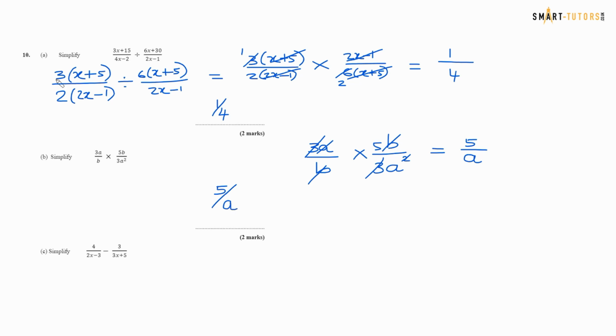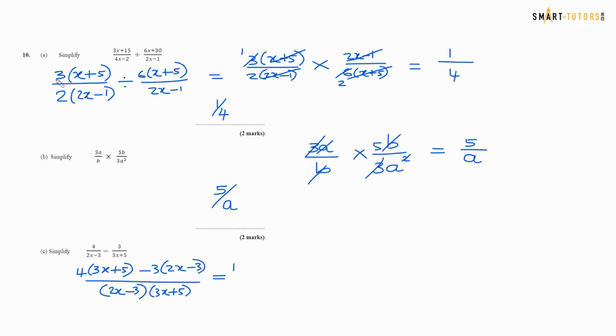The last question, simplify. It's the normal algebraic fraction standard question. So the bottom one is 2x minus 3, 3x plus 5. The 4 is going to be multiplied by 3x plus 5, minus 3 is going to be multiplied by 2x minus 3.